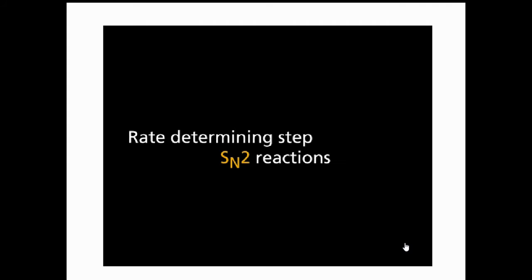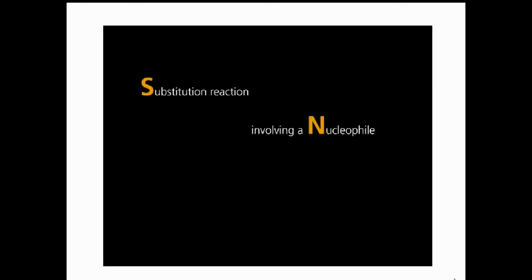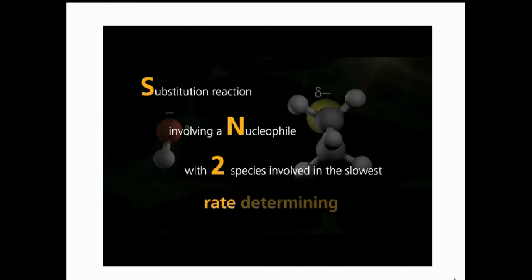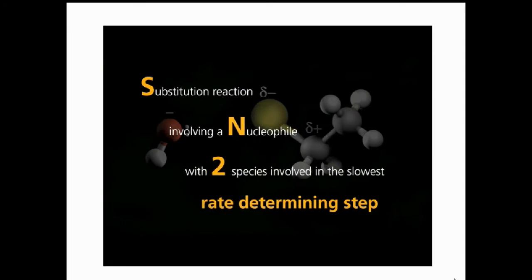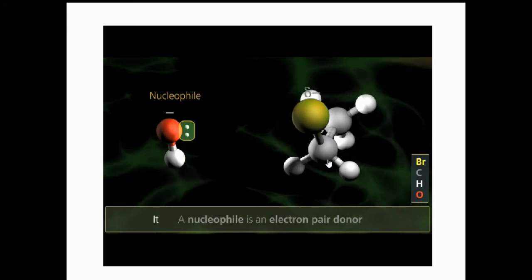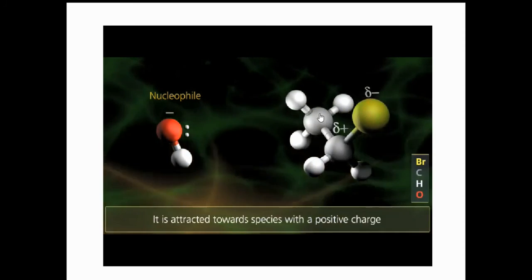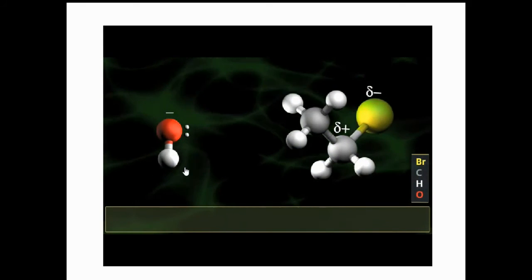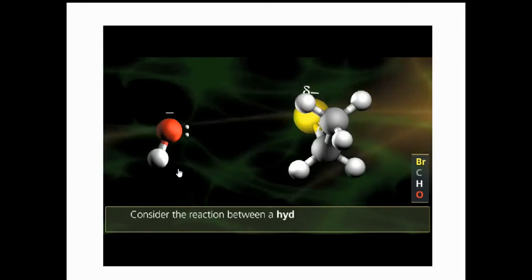And if we look at the three-dimensional picture of SN2 reactions. S stands for substitution reaction involving a nucleophile, with 2 species involved in the slowest step, that is the rate determining step. Now assume that this is ethyl bromide, CH3CH2Br, and the attacking nucleophile is hydroxide ion.